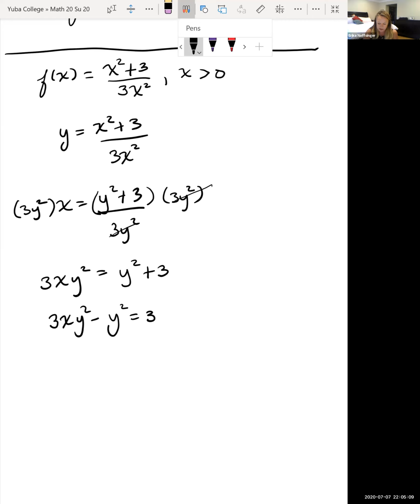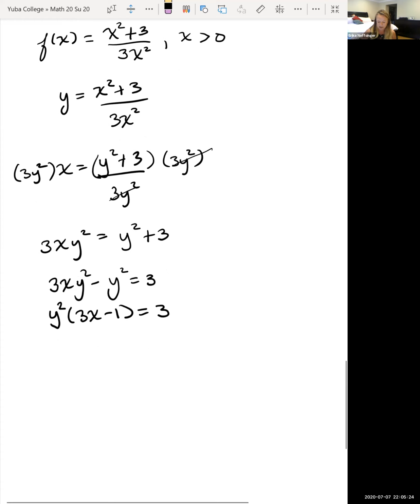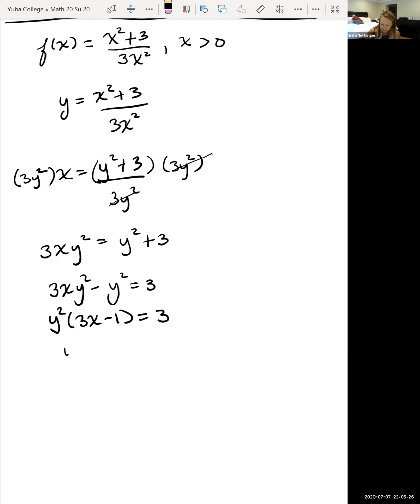We're left with 3x minus 1, and it still equals 3. So now we can get y squared all by itself by dividing both sides by that 3x minus 1. And so we get y squared then is equal to 3 over 3x minus 1.